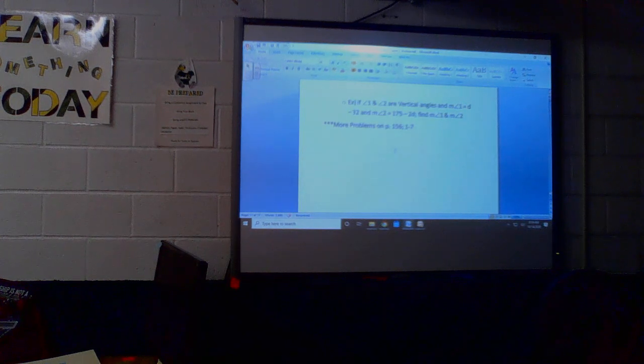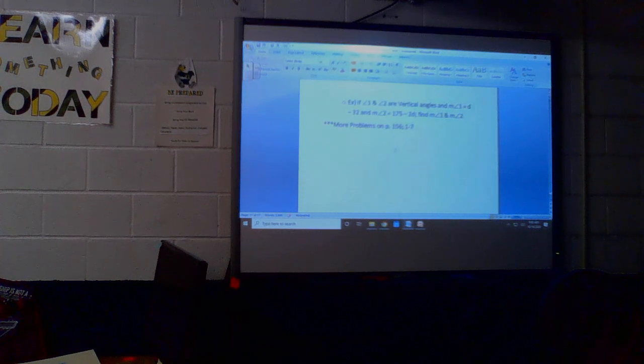Okay? Is angle 1 and angle 2 two different numbers? Right? Because they're vertical angles, they are congruent. So when you do your math, your angle 1 and angle 2 should be the same number. Now again, remember, when you put the first quantity equal to the second quantity, you're going to solve for d.